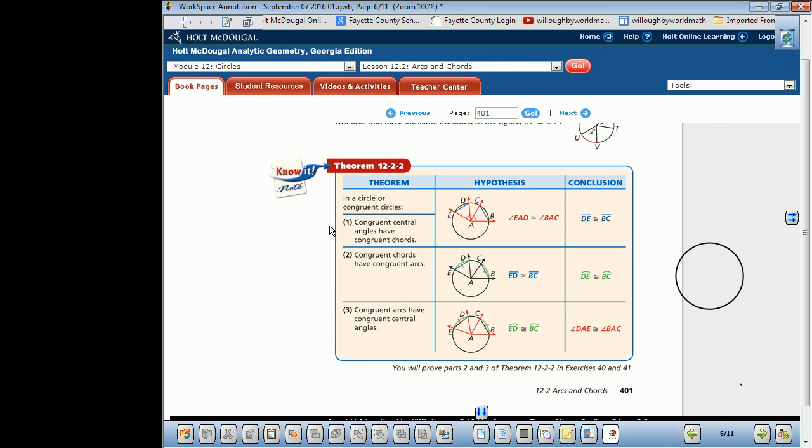Now, if we have congruent chords, then we have congruent arcs. So they showed it here, but it would also work if we just had it like this, over here. If I told you that this chord is congruent to this chord, then what we know is this arc is congruent to this arc.